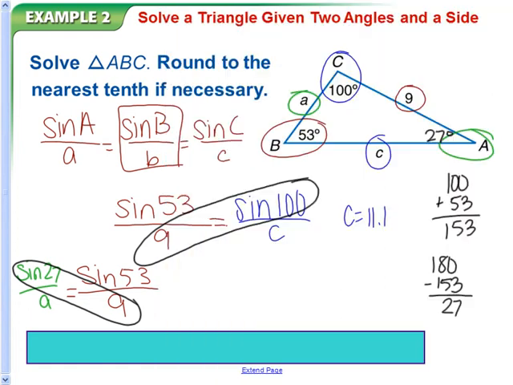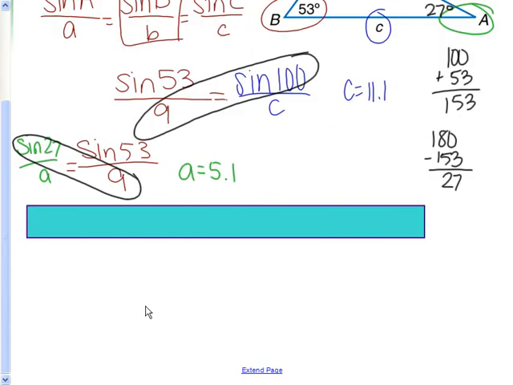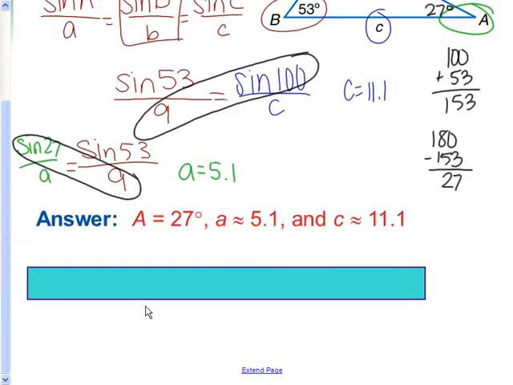And we get 5.1. So everything that we needed to find: A was 27, 5.1 was lowercase a, lowercase c is 11.1.